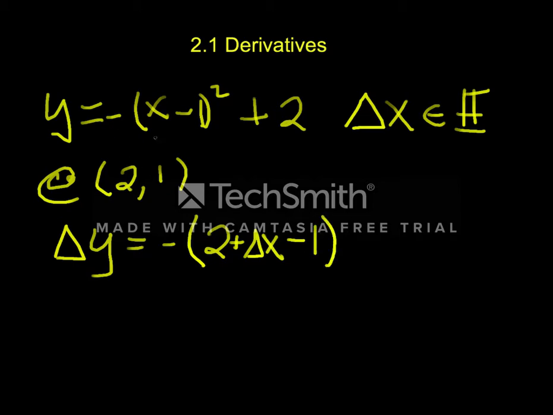So right here, where we had the x, that's getting replaced with 2 plus delta x. And of course, that whole thing is squared, and we add 2. So that's the new point, and we'll subtract from it where we began. So minus, negative (2 minus 1) quantity squared, it needs to be the whole thing, plus 2.